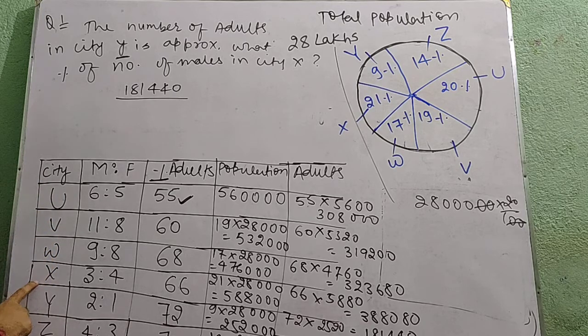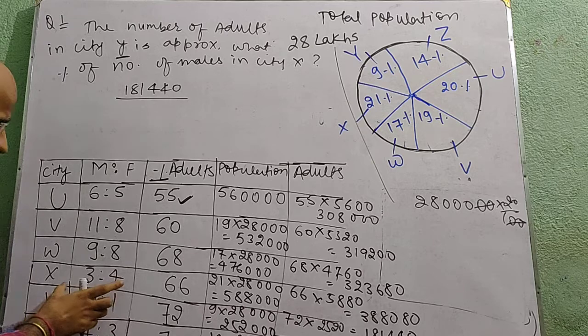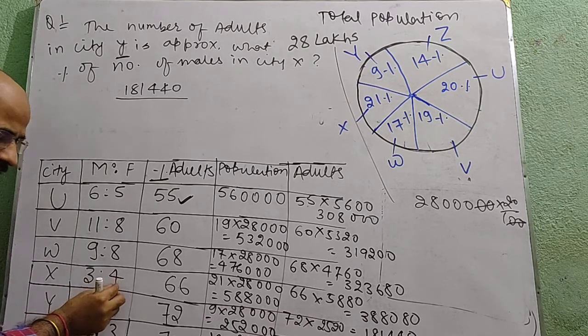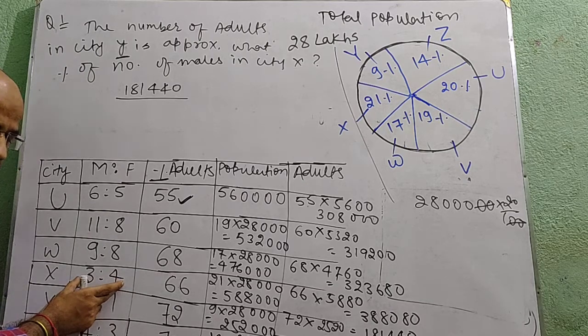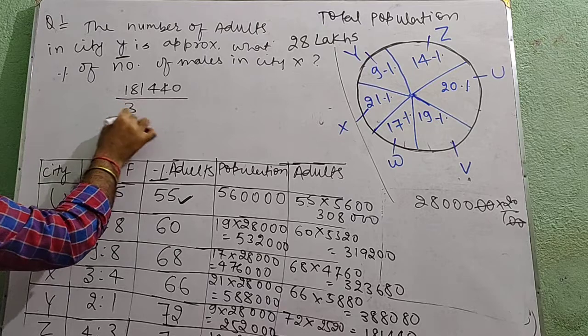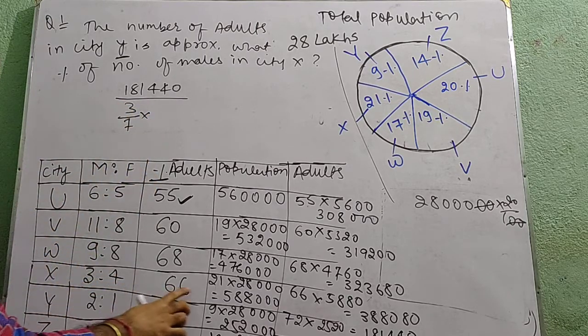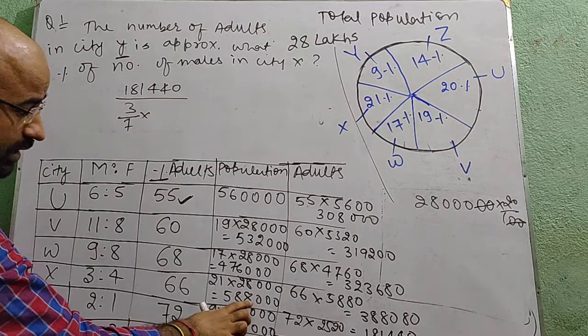Here you are watching that the ratio of males and females is 3:4. Means the total is 7 units, 3 units is male, 4 units is female. So male is 3 by 7 of the population.